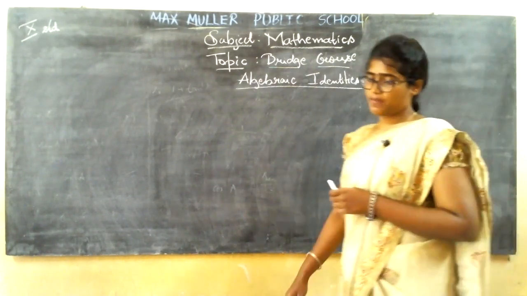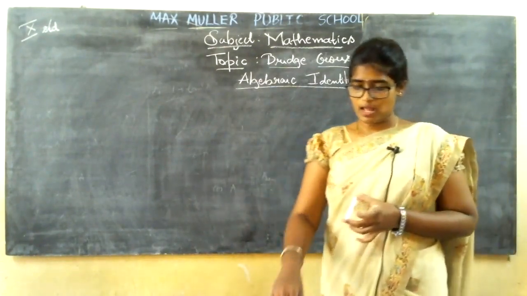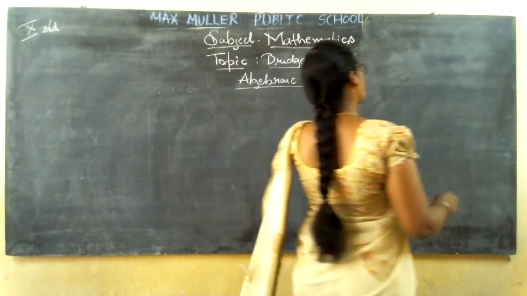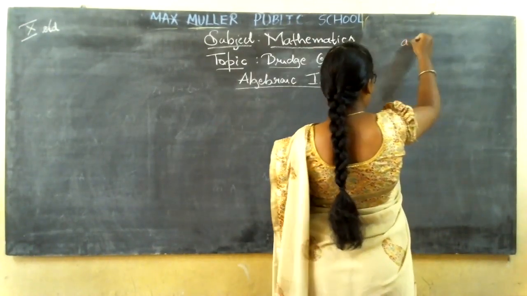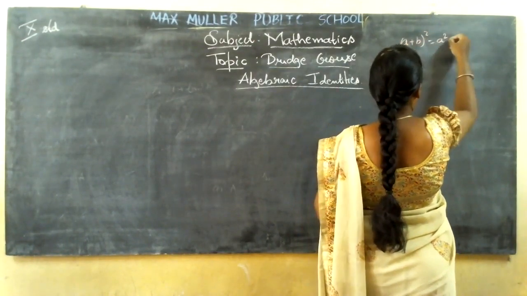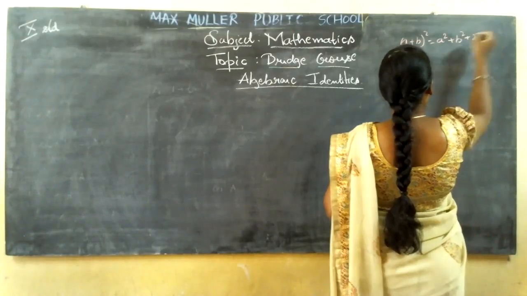As in the previous class, we had studied about the algebraic identities, correct? So let us make a list of the algebraic identities we had studied previously. We started with (a plus b) whole square, which is a square plus b square plus 2ab. What was the next thing?